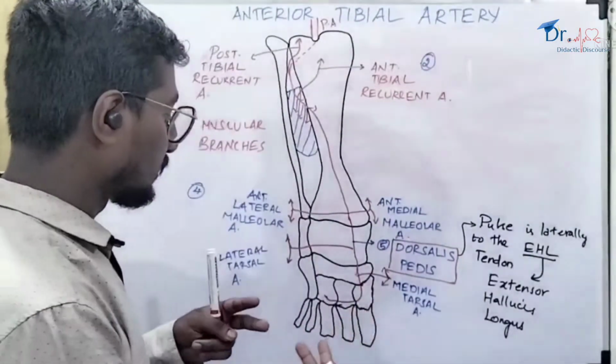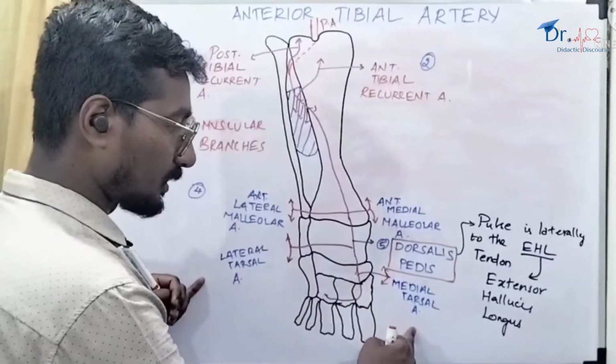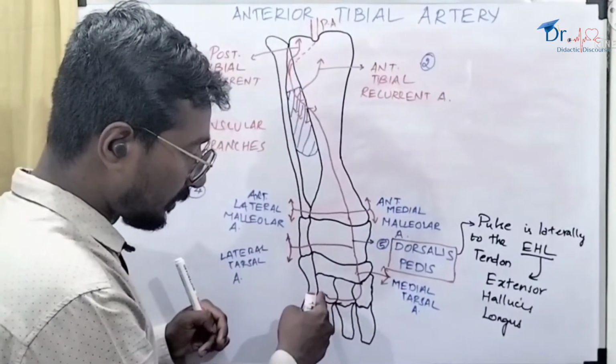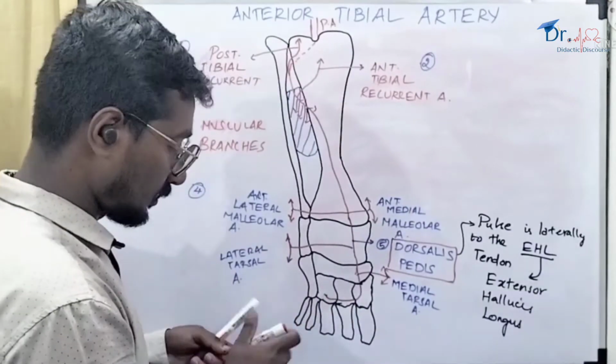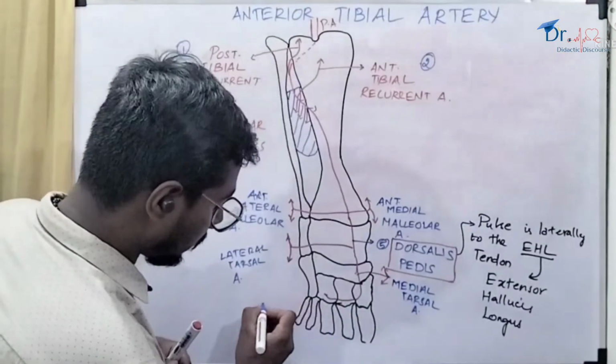The dorsalis pedis artery gives out the branches called the lateral tarsal artery, the medial tarsal artery, and it gives rise to another branch which is called the arcuate artery. So this is called the arcuate artery.